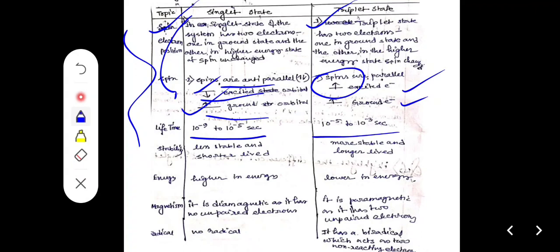Now consider stability. Singlet states are less stable and shorter lived. Triplet states should be more stable and longer lived. Energy: singlet state is higher in energy and triplet state should be lower in energy. Singlet state magnetism: it is diamagnetic as it has no unpaired electron.